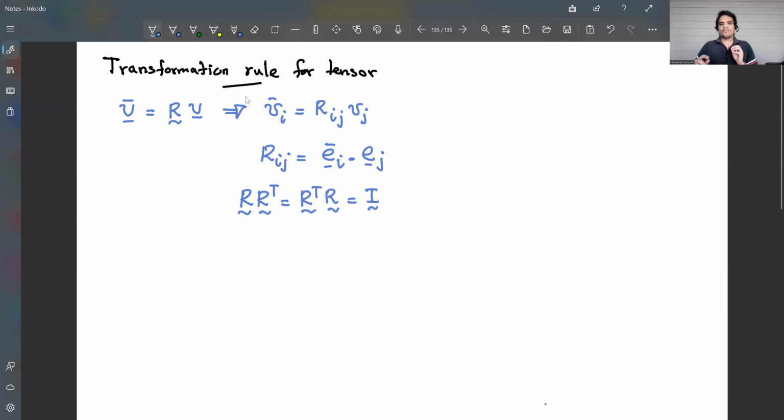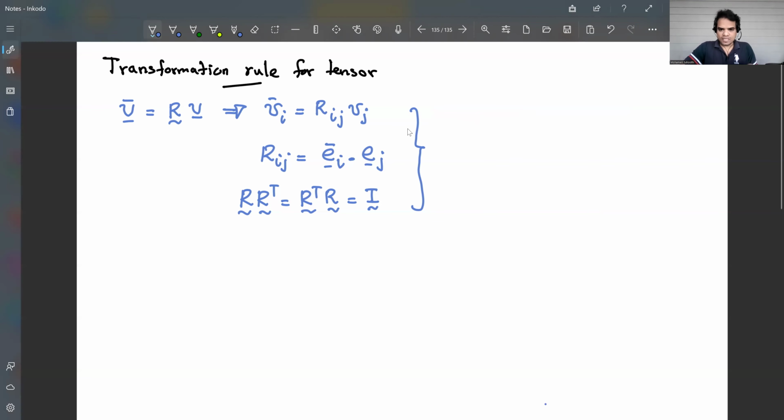If you can transform one vector using a transformation matrix into another vector, and any vector obeys this transformation rule, this is called a tensor of rank 1.